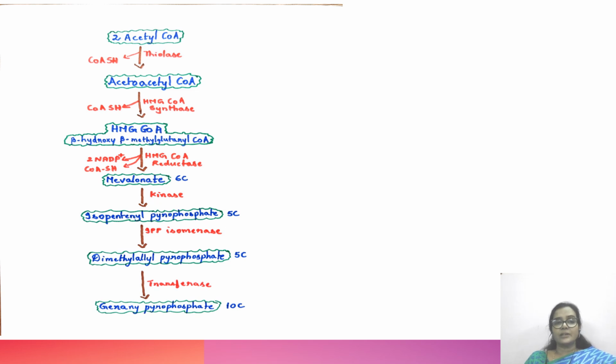And the next reaction is this mevalonate undergoes 3 phosphorylation reactions and forms isopentenyl pyrophosphate. This isopentenyl pyrophosphate isomerizes to dimethyl allyl pyrophosphate. These two are 5 carbon compounds, and then these 5 carbon compounds, isopentenyl pyrophosphate and dimethyl allyl pyrophosphate, form geranyl pyrophosphate, which is a 10 carbon compound.